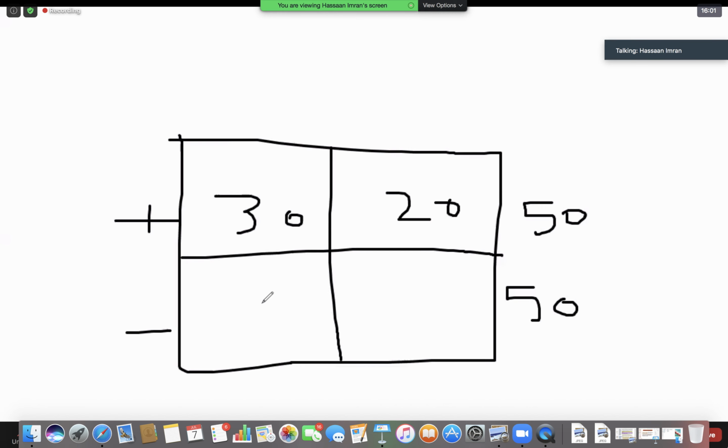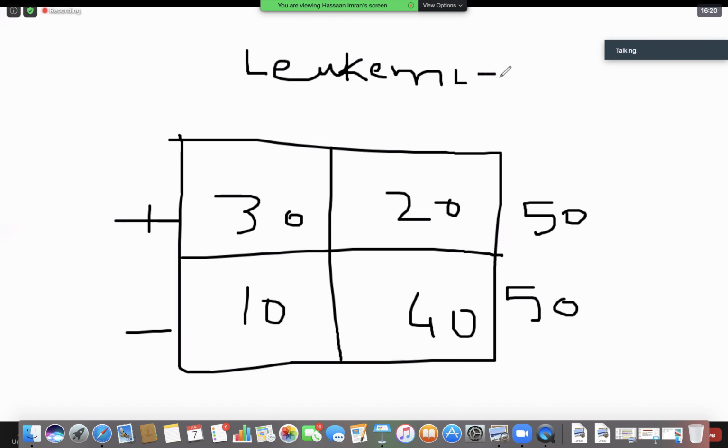So 10, and here I write 40, and say we are looking for some sort of leukemias or blood dysplasias among your respondents, right? Leukemias, right? So now how would we calculate incidence?